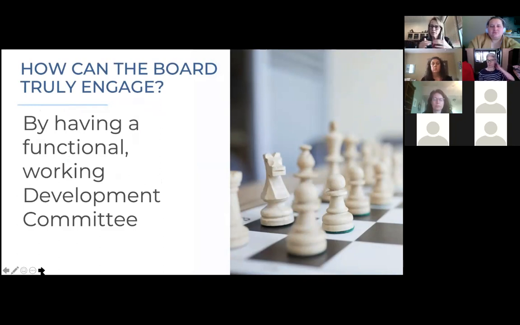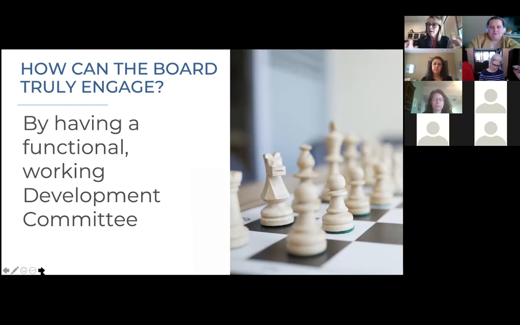So expecting every single member of your board to engage in fundraising equally is a recipe for disaster. So that's one of the reasons we really like this concept of a development committee, because it allows you to take the folks that really have the passion, the interest, the skill sets, the things that you need, and work with them as a subcommittee instead of pulling teeth with board members that are never going to function for you well in this particular area.